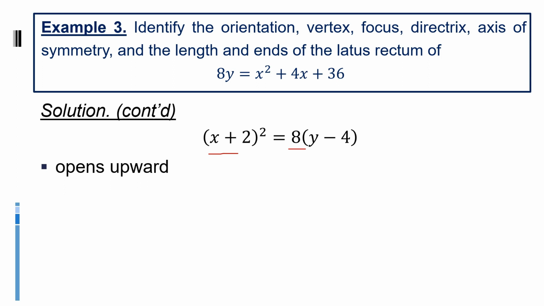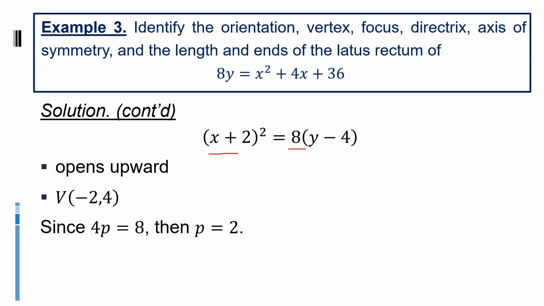Yung p natin dito is positive. Our p is 2, right? Kasi 4p ito. So opens upward siya, and the vertex is at negative 2, 4. So since 4p equals 8, then p equals 2. Kaya yung focus natin is negative 2, 6.